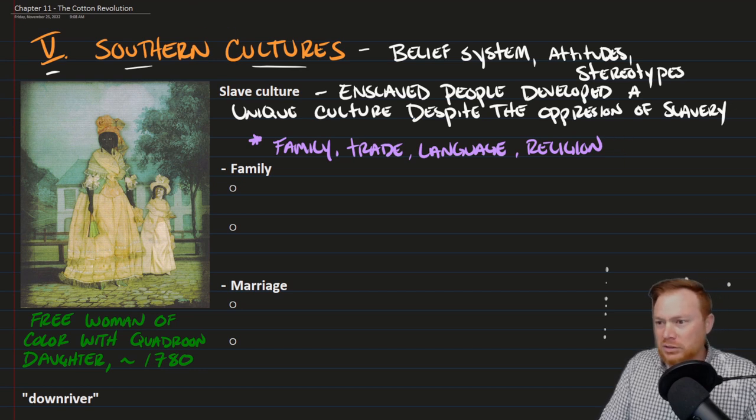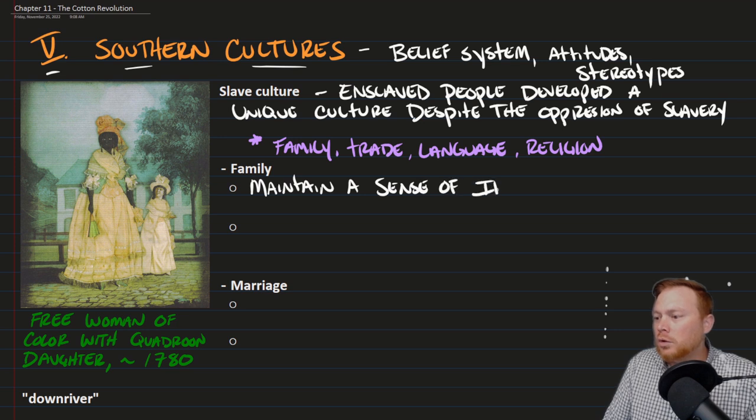Now, we'll look at two of these things in a little more detail to see how the transformation in the South ended up having an impact. The first one is family, and family was very important because it helped to maintain a sense of identity, of who one was. To be a mother, a father, a brother, a sister, all those things were very important.